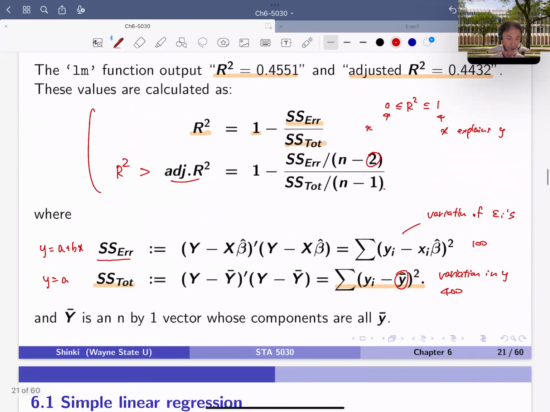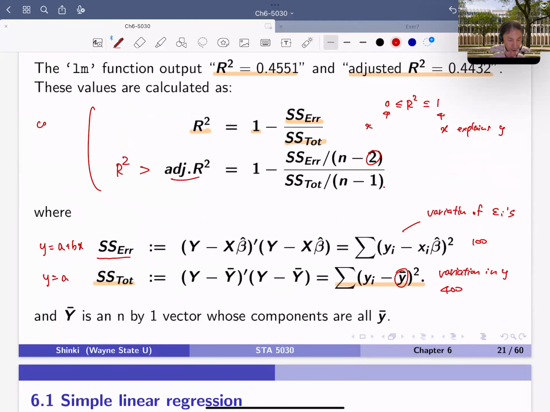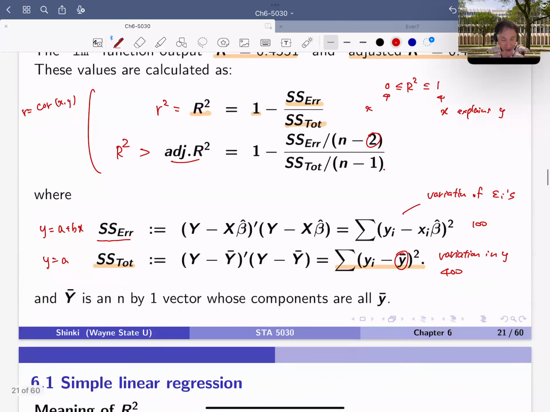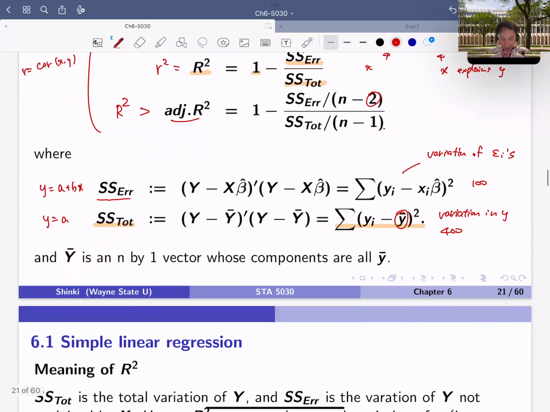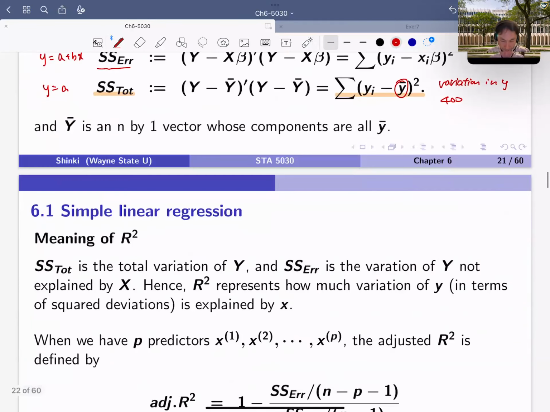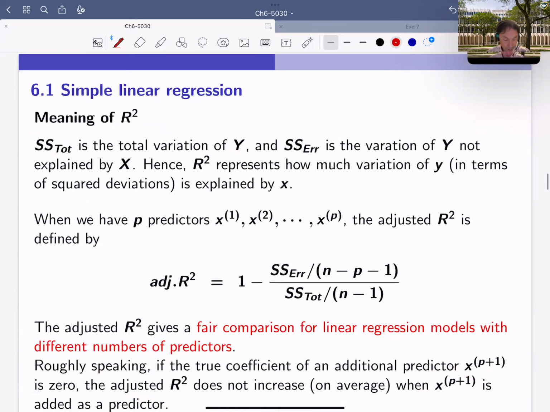And if you calculate the correlation between x and y, this is r, then actually this r square and R square are the same, even though we use lowercase for correlation and uppercase for the coefficient of determination. Yeah, so that is what I explained.